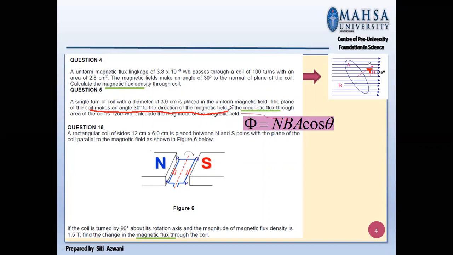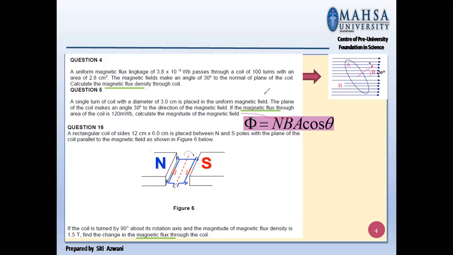But remember, when you want to substitute the angle into your formula, the angle you need to measure is between the normal to the plane and the magnetic field B direction. So here for number 5, you need 90 minus 30, then substitute that angle into your formula here.